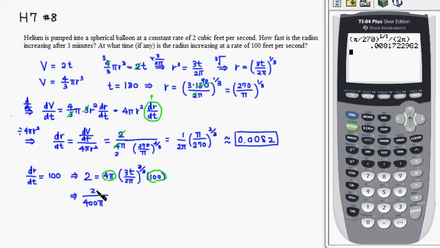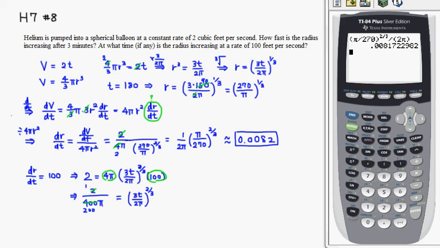Then we can cancel the 2, and this is going to be 1 over 200 pi. This is equal to 3t over 2 pi raised to the 2/3 power.